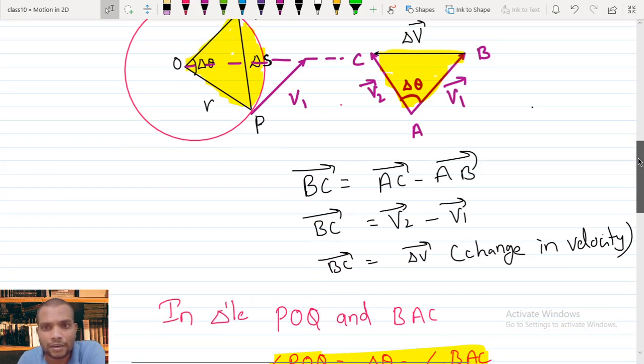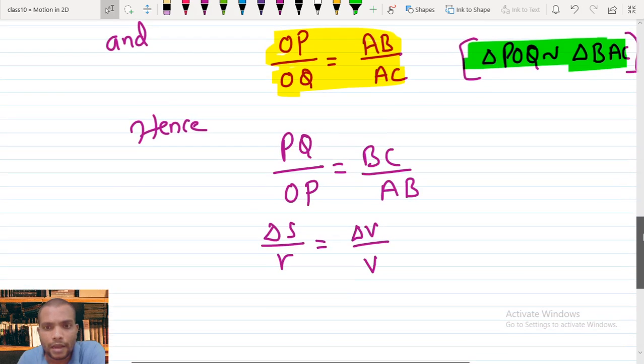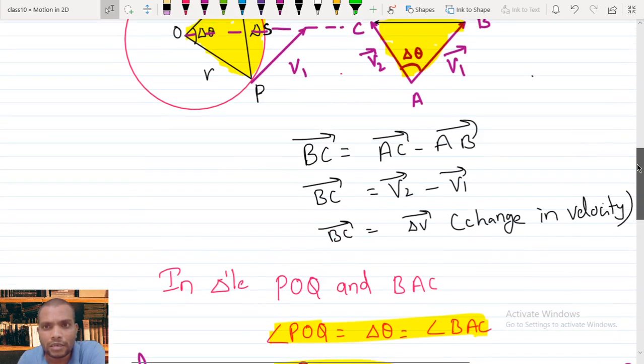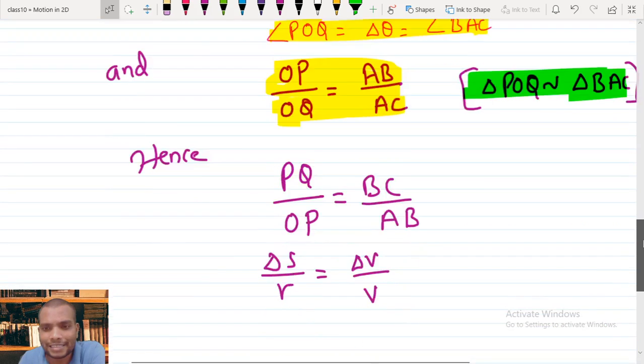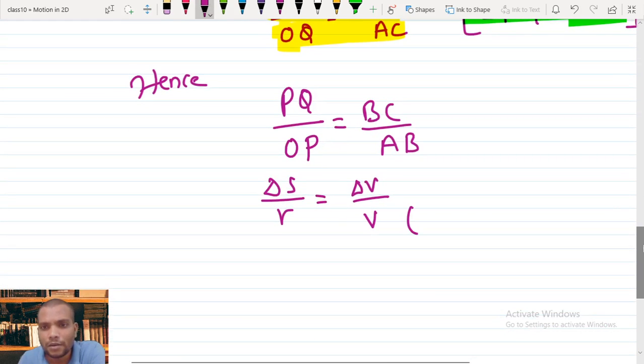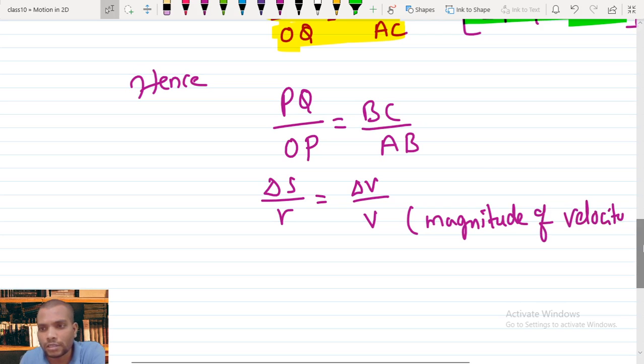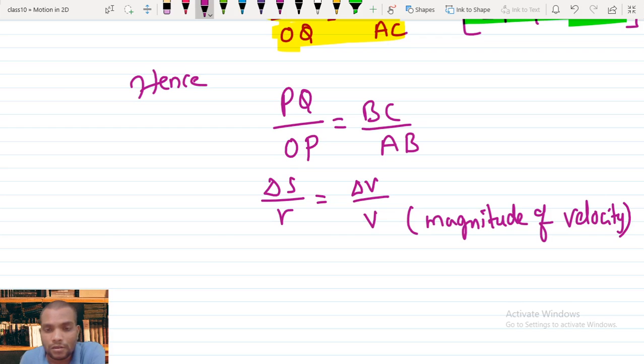BC equals delta V, and AB here you take as the magnitude of velocity, not the direction. If you take the direction, again we need to insert V1. Now this is the final expression I needed here.